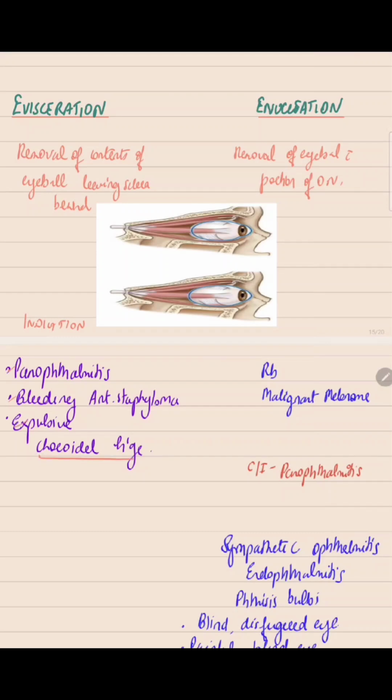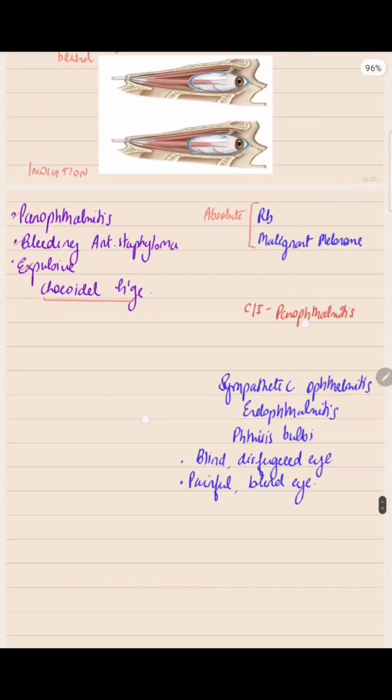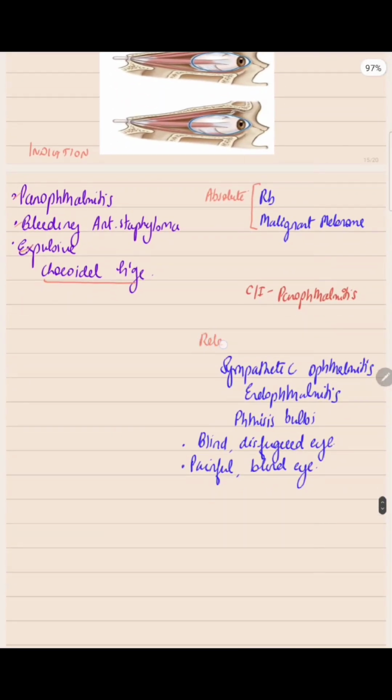Now enucleation, absolute indications are retinoblastoma and malignant melanoma. These are absolute indications. Relative indications are sympathetic ophthalmitis, endophthalmitis, phthisis bulbi, blind or disfigured eye like anterior or ciliary staphyloma.